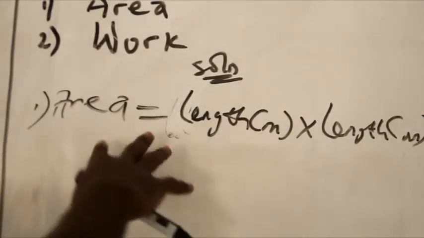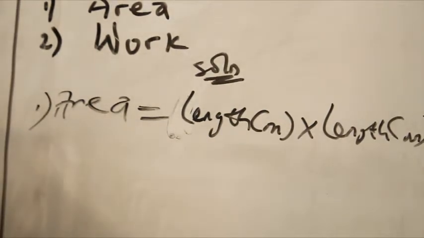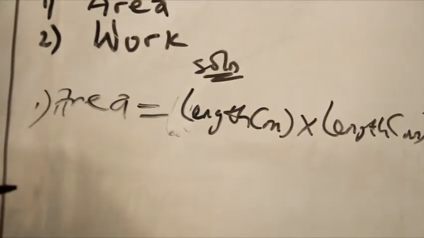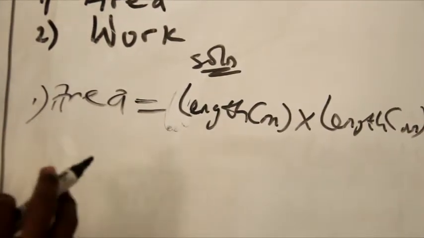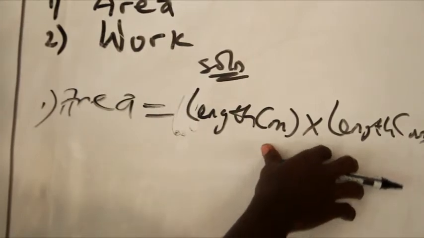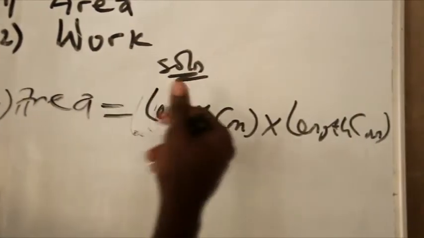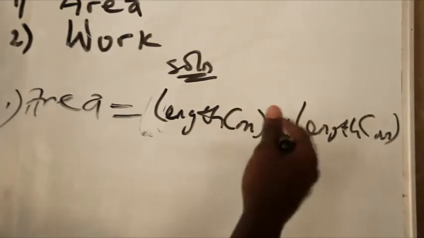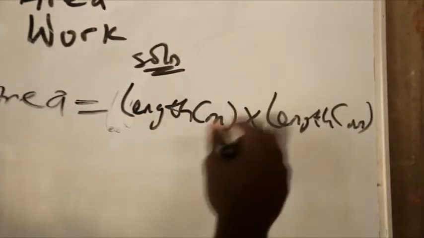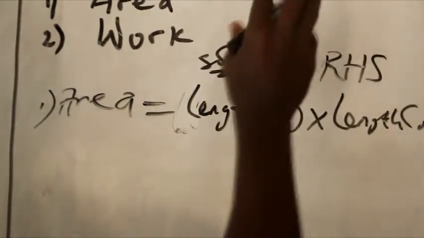So having done this is like the first step in resolving a dimension. So the second is you must make sure that the formula is down to fundamental quantities. You must make sure that everything that you're dealing with are all fundamental quantities. Everything, let's say on the right hand side of the equation, are fundamental quantities.